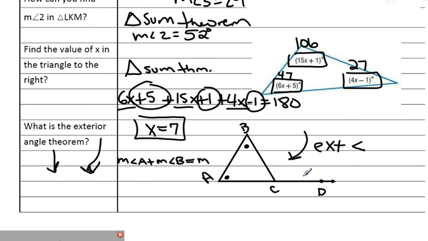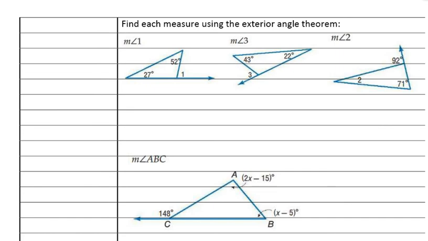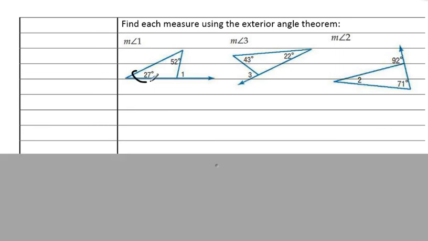So BCD. So the measure of angle A plus the measure of angle B equals the exterior angle BCD. So I will go ahead and show this to you as an example. So the two interior angles, 27 plus 52, have a sum equal to the exterior angle.